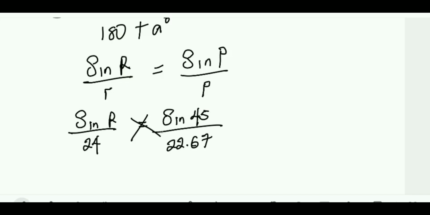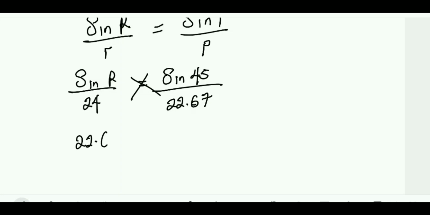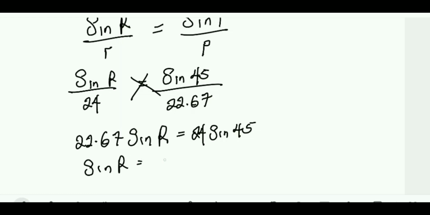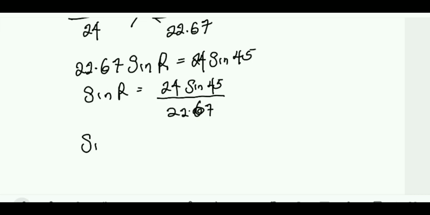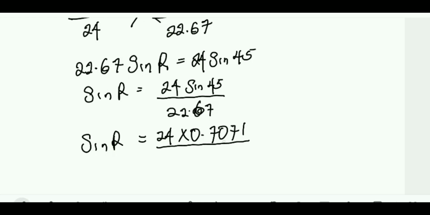So cross multiply this, you have 22.67 sine R equals 24 times sine 45. So my sine R will be 24 sine 45 all over 22.67. So sine R is equal to 24 times 0.7071 divided by 22.67. And we're almost done with this.